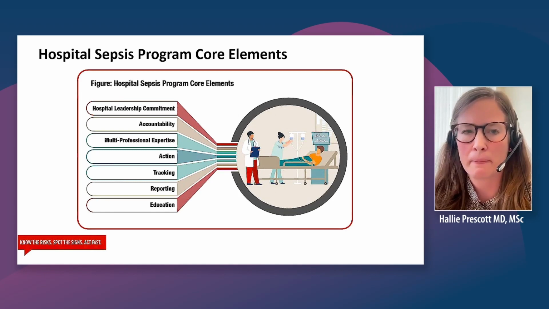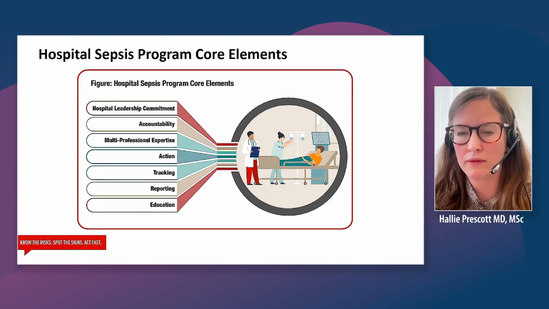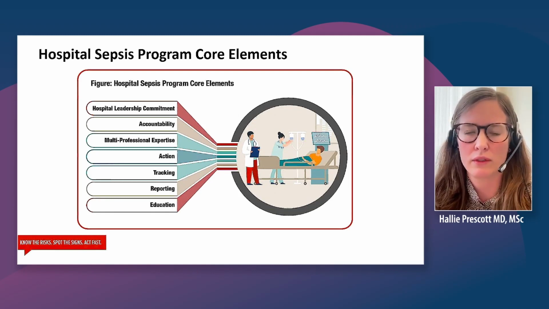The next element, multi-professional expertise, discusses the importance of engaging all of the many relevant stakeholders across the hospital or hospital system. Action is the focus of today's webinar, and this talks about having structures and processes in place to help support clinicians in delivering evidence-based recommended best practices for sepsis.